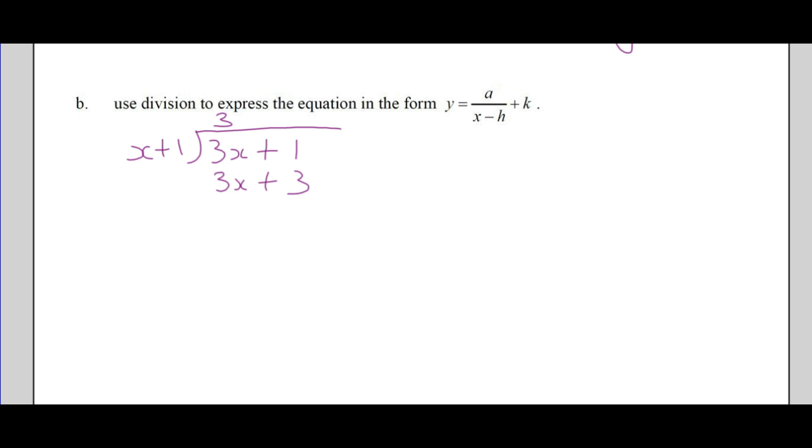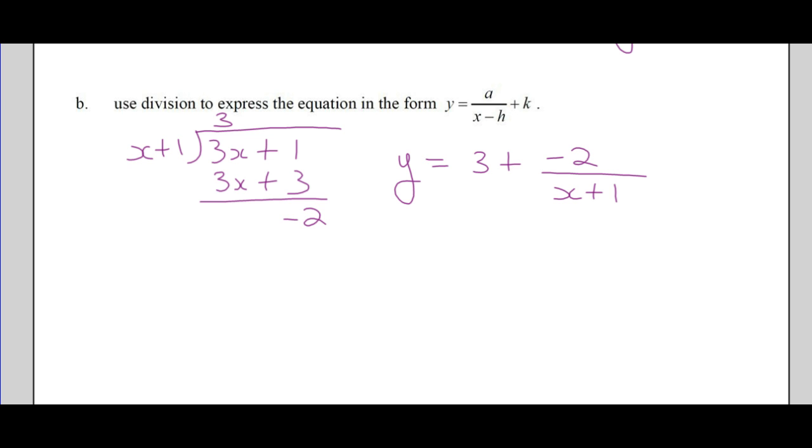3x plus 3. 1 minus 3 is negative 2. So then we would say what? Y is equal to 3 plus negative 2 over x plus 1. Right.